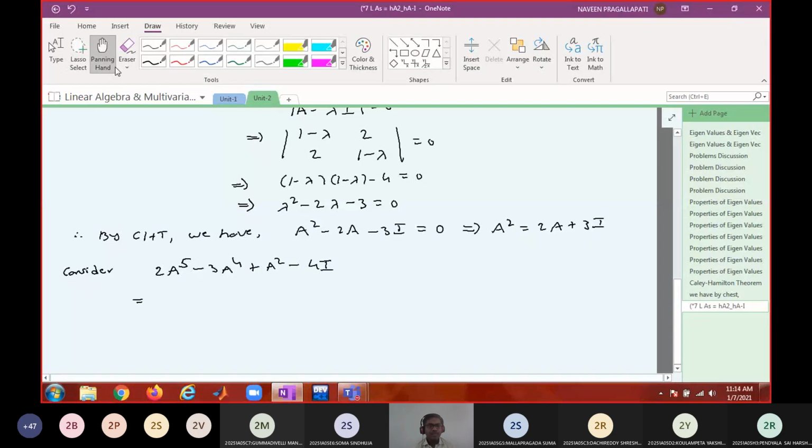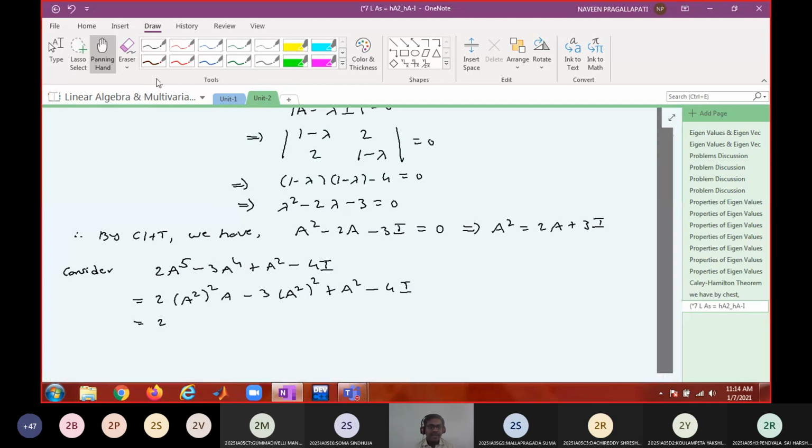If that is not the case, you can write it as 2 times (A squared) squared into A minus 3 times (A squared) squared plus A squared minus 4A. If you are not able to do that, simply substitute. What is A squared? Now I can substitute the expression for A squared as 2A plus 3I.